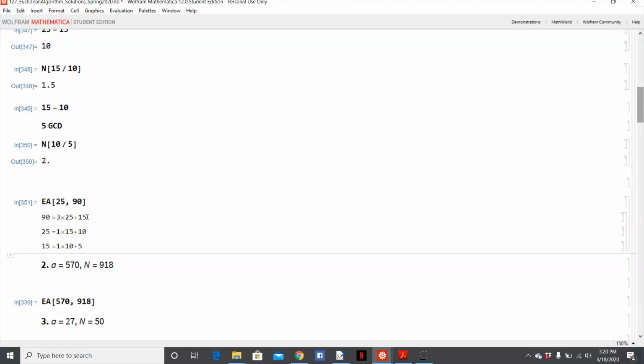I then took 25, divided it by 15, subtracted that to get the remainder of 10, took 15, divided it by 10, subtracted that, and got a remainder of 5. So, as I said, here, the GCD of 25 and 90 is 5. The instructions on the worksheet said whenever they are relatively prime to work out the inverse. These are not relatively prime, so there is no inverse, and we are done.